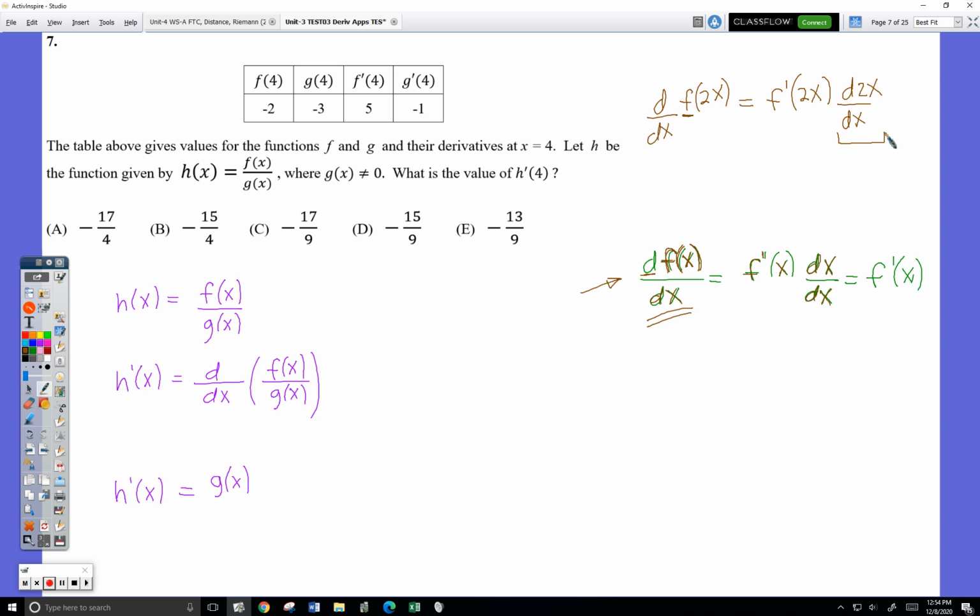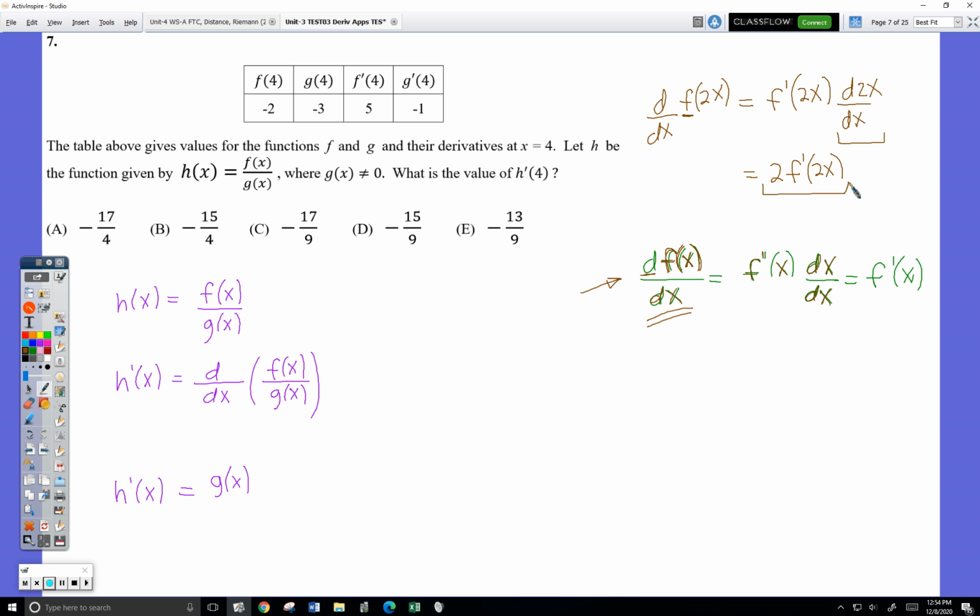Hands up. Try to get you to think and talk. Like, what's just this piece here? There we go, Megan. 2. That's simply 2. So this would be 2 multiplied by f prime of 2x. Question? So that's the chain rule. That's going to keep showing up.